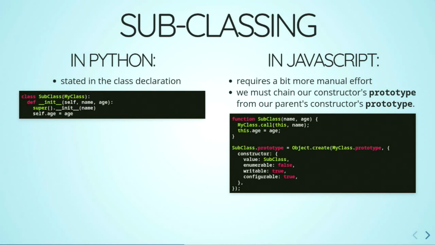Here we've defined our new constructor, and it calls the parent class's constructor using call, which is similar to bind, but you pass it the scope and then the arguments as a list. Then we have to create a new copy of our parent class's prototype, but add this constructor to it. This is a very explicit and detailed way of saying, I want to put another property on there. Very tedious.